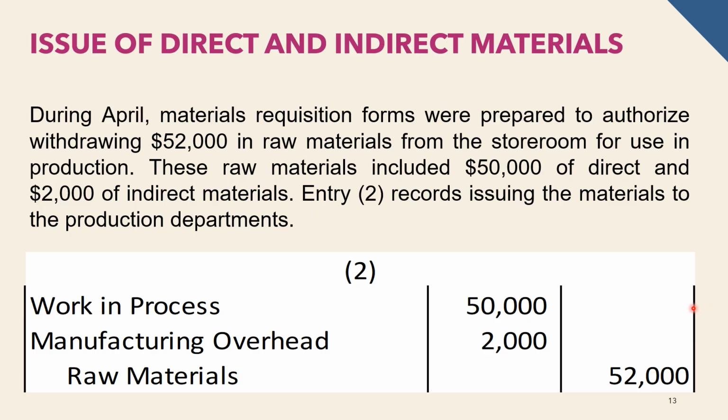So, you debit work in process by $50,000, which is direct material. And you also debit manufacturing overhead by $2,000, that is indirect material used. So the materials account will be reduced by $52,000.